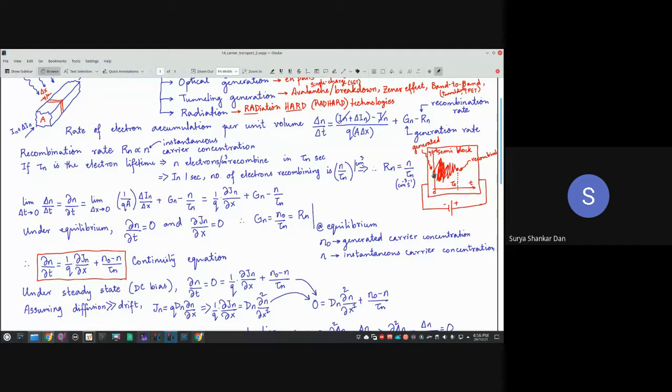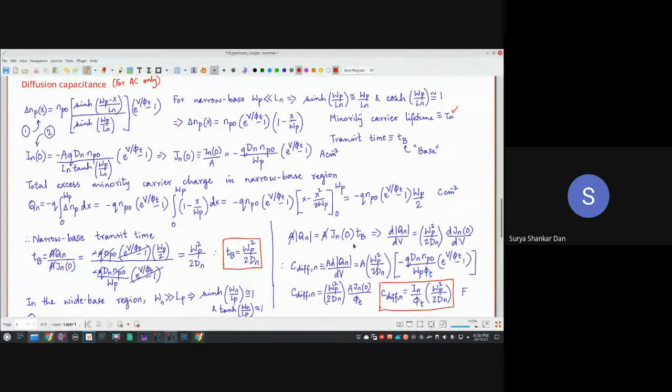The duration between the instant where it was generated and when it is recombined, that was the carrier lifetime. So we think of it as if the carrier was alive during this particular duration. Generated means it is born, recombined means it is gone. So this is the minority carrier lifetime.